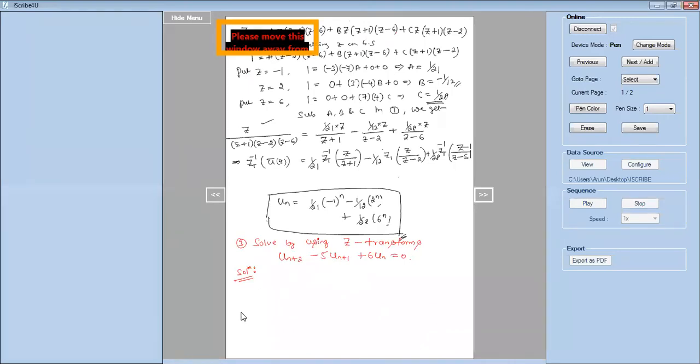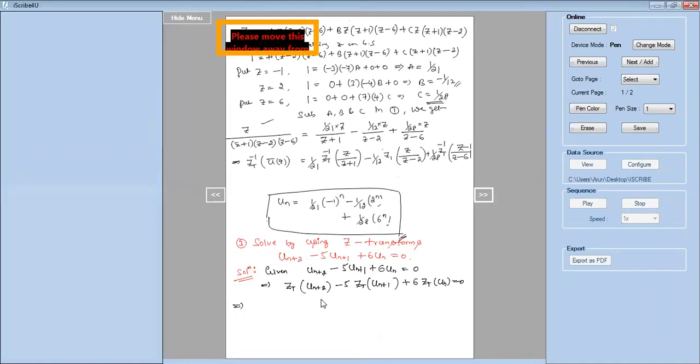So first, given un plus 2 minus 5 into un plus 1 plus 6 un equals 0. First step, as usual, you will take Z transform on both sides. So it is Z transform of un plus 2 minus 5 into Z transform of un plus 1 plus 6 into Z transform of un is equal to 0. Now apply the formula.